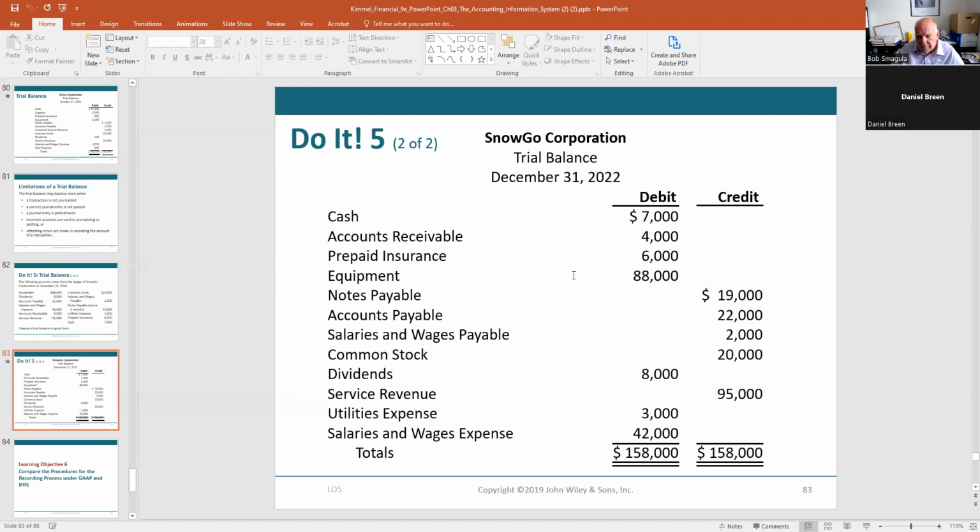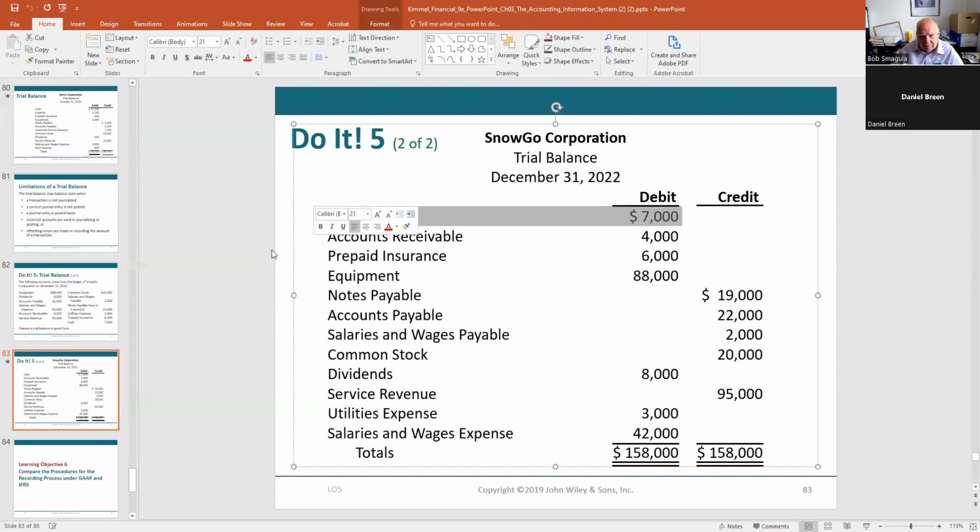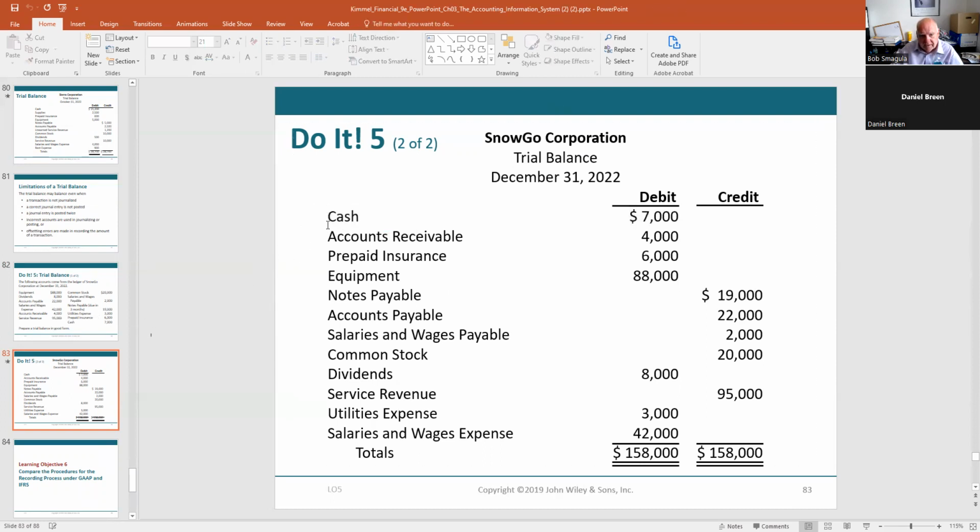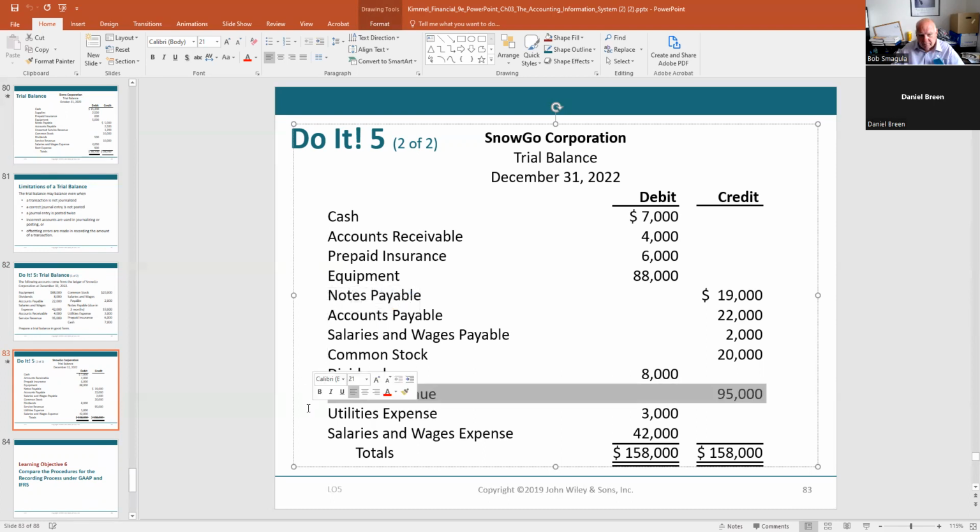Just look at this. Notice it's in order of assets, liabilities, equity, and revenues and expenses. So this trial balance is balanced.